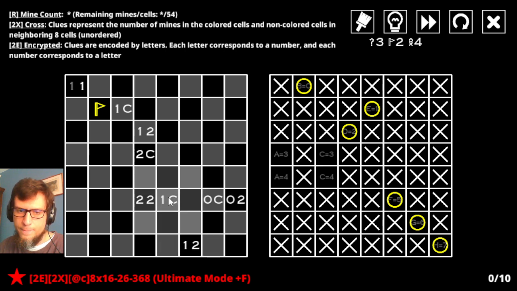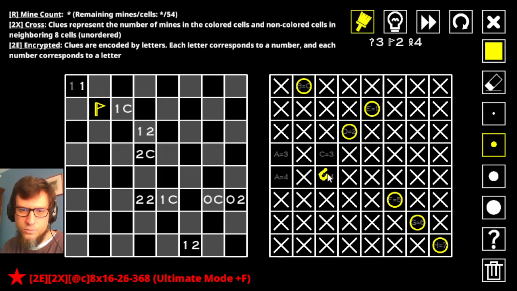Okay. Wait, what? It's telling me that I can find out what the C is? Hold on, if C is 4, what happens? And then you'd have to go like this, and that, and now, what's the problem here?